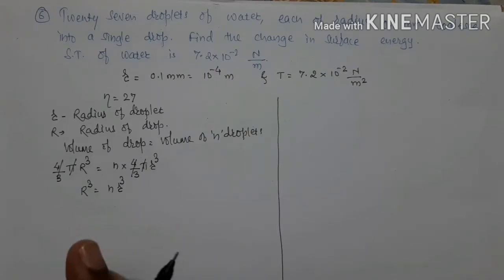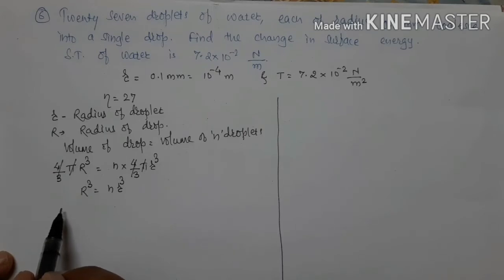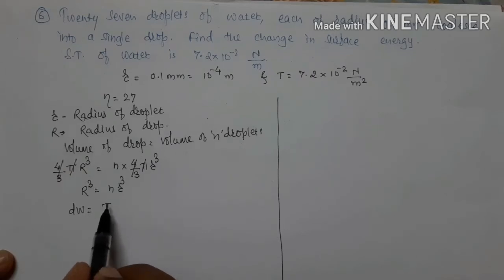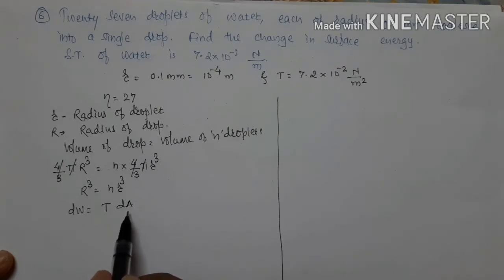Now when so many droplets combine to form a single drop, there will be a change of area. Obviously the surface area decreases, and with the change of area work is done. We know the relation between work done and change of area: work done is equal to surface tension into change of surface area, which is final area minus initial area.